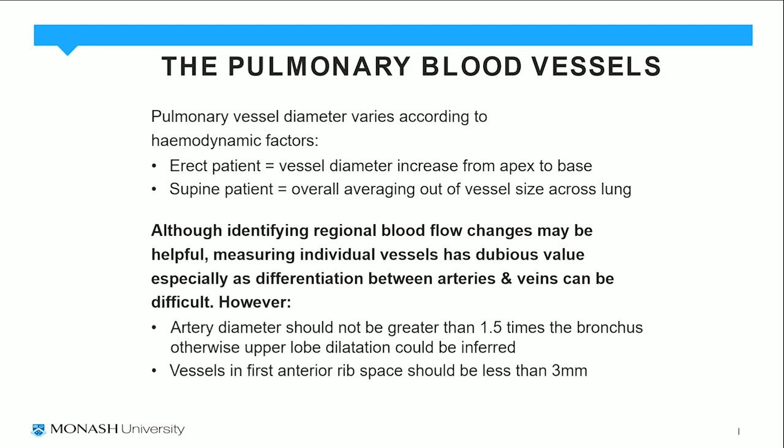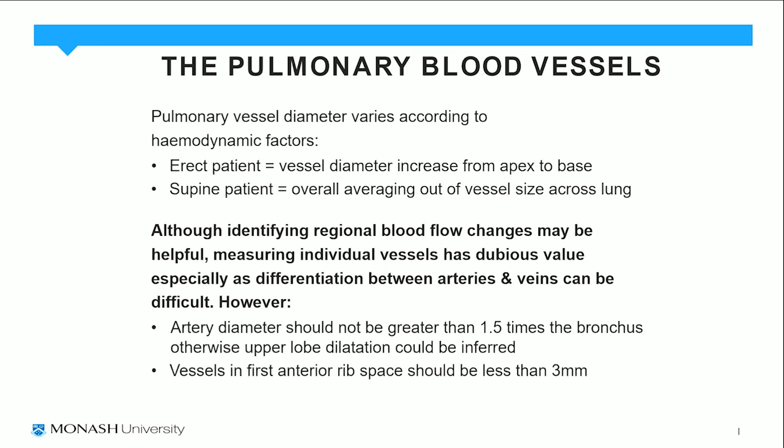Pulmonary vessel diameter varies according to hemodynamic factors. In the erect patient, the vessel diameter increases from the apex to the base. In the supine patient, there is an overall averaging out of vessel size across the lung.